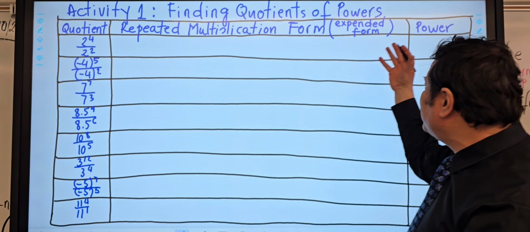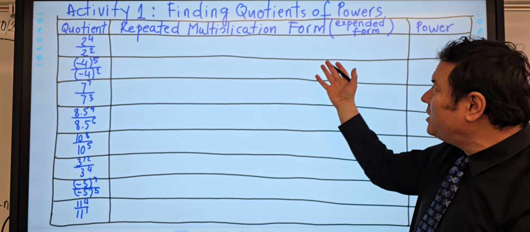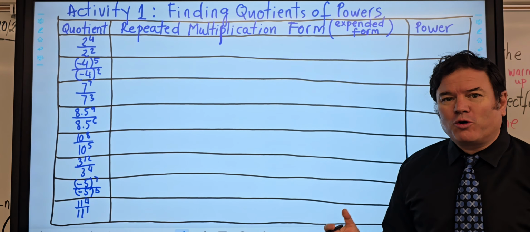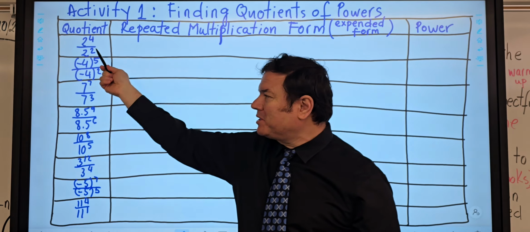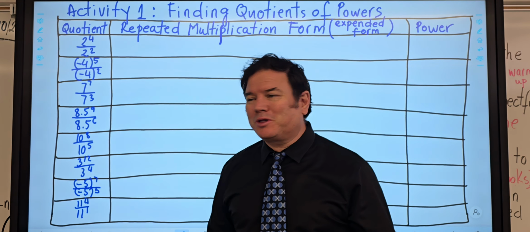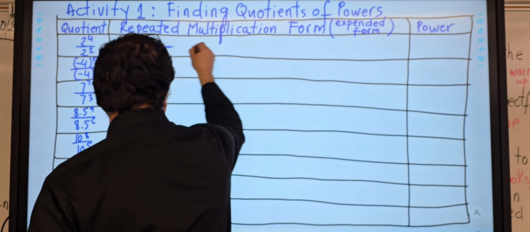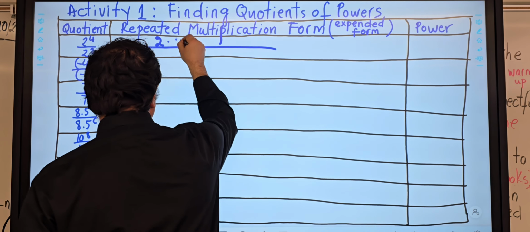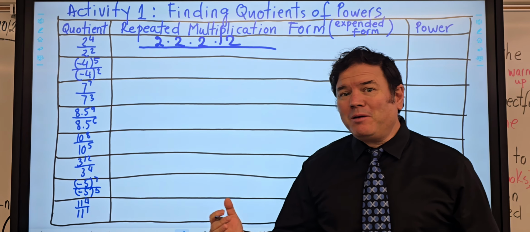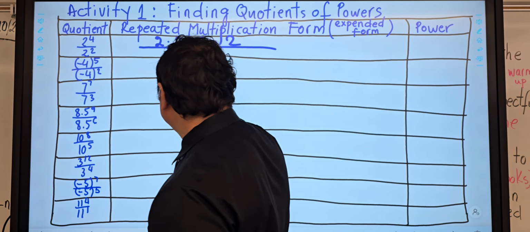If we do the extended form, the repeated multiplication form, how many 2's do we have on the top? 2 to the power of 4 means 2 times 2 times 2 times 2, 4 times. So on the top we have 2 times 2 times 2 times 2, and on the bottom we have 2 times 2.